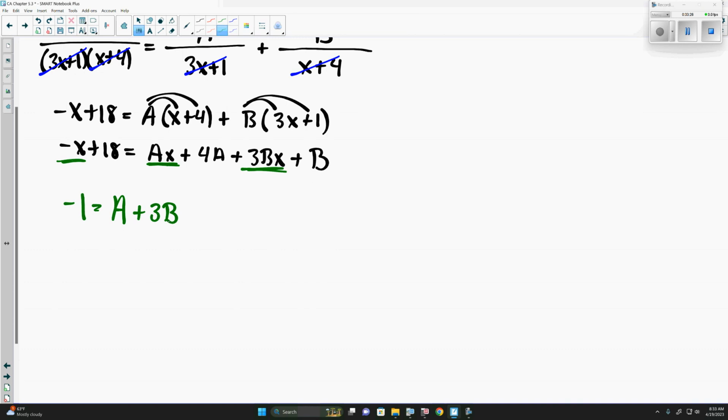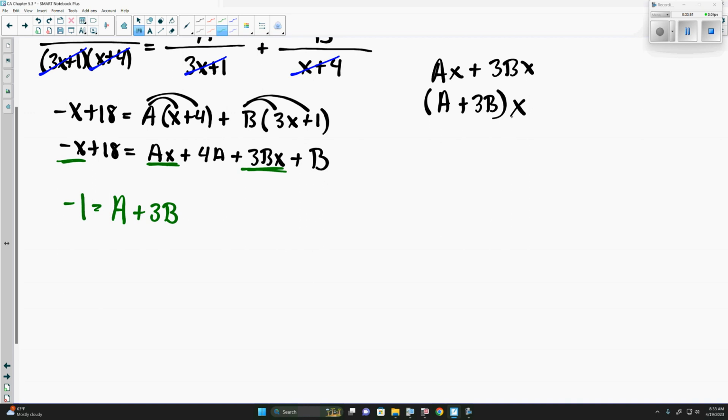Because we could rewrite it, as we did before, as ax plus 3bx. And then factor the x out. Because you don't have to write this, because we could say ax plus 3bx, and then say that we have a plus 3b times x, and then connect the a plus 3b to our negative 1.